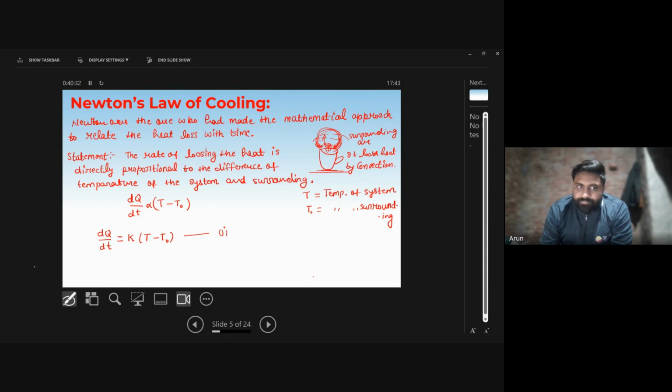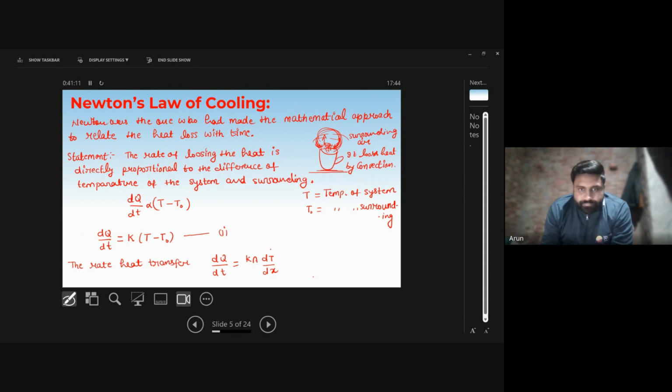We also know that the rate of heat transfer, dQ/dt, is equal to kA dT/dx. This thing we also know.